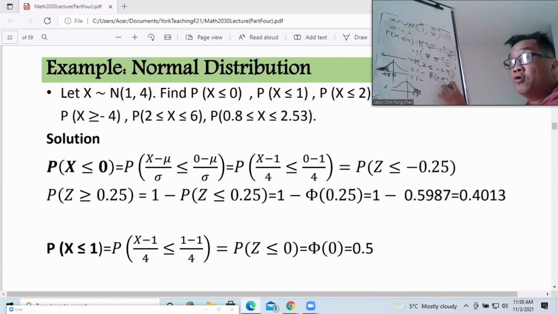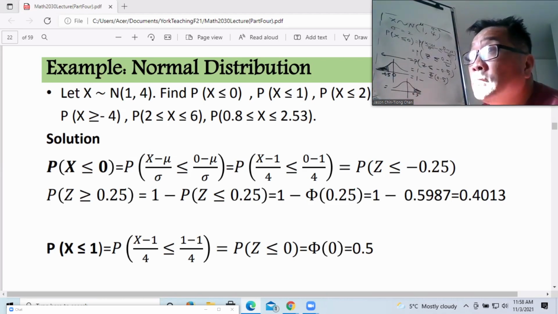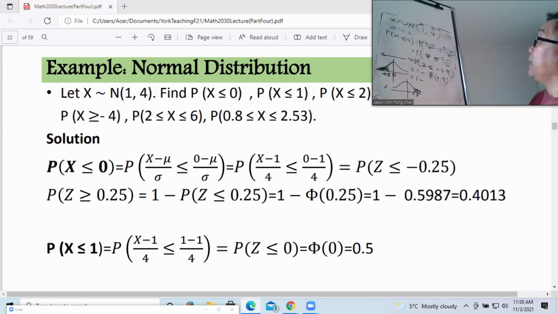I want to make sure that you know how to get this. Why is this 2 and not 4? Because in this form, the first one refers to the mean, the second one refers to the variance. So variance equal to 4, then standard deviation is equal to 2.